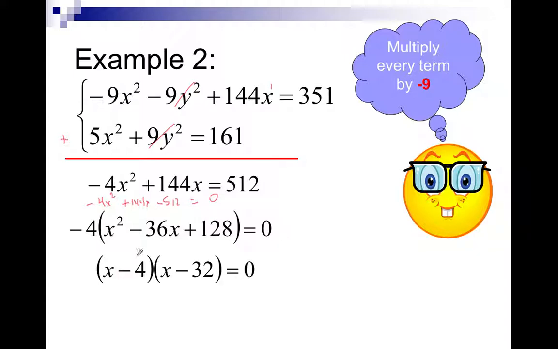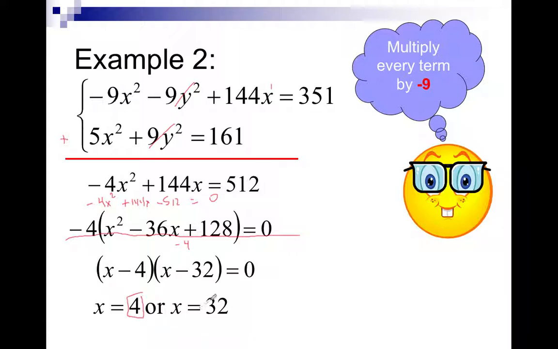And when I did that, right, I divided everybody by negative 4. I just got x squared minus 36x plus 128, which I factored nicely without the quadratic formula. And I got x is equal to 4, or x is equal to 32.